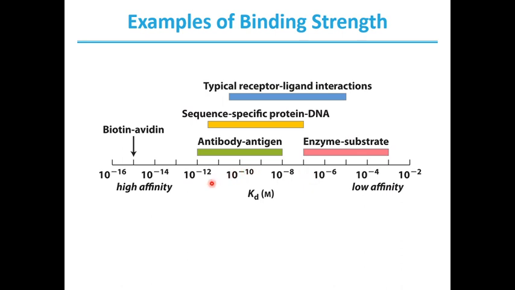So 10 to the minus 12 is picomolar, 10 to the minus 9 is nanomolar, and 10 to the minus 6 is micromolar. The enzyme substrate interactions are typically in the low micromolar to low millimolar range, whereas antibody antigen interaction is between picomolar to nanomolar. So it's a very tight interaction.